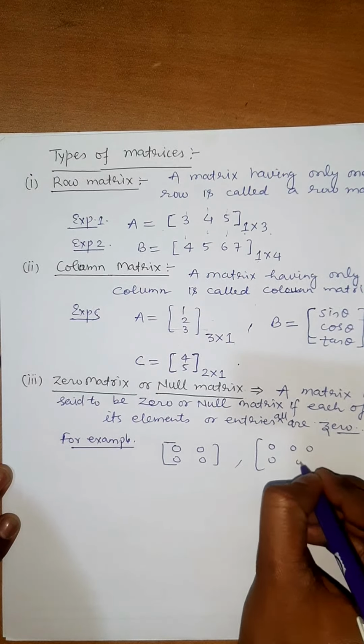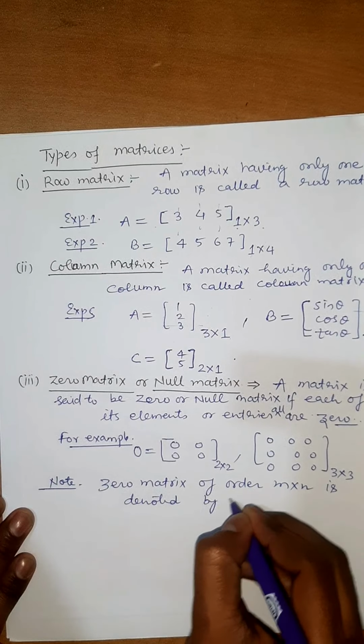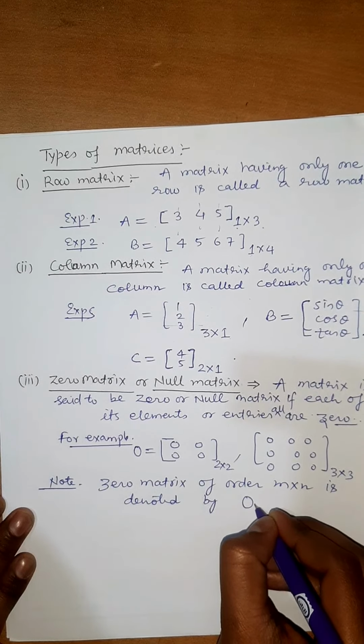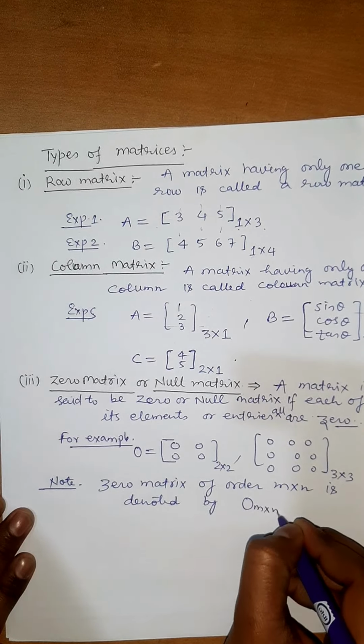So note, zero matrix of order m by n is denoted by O m cross n.